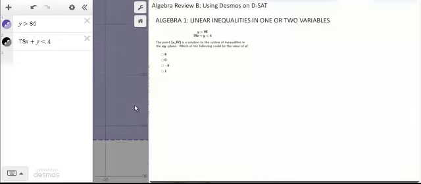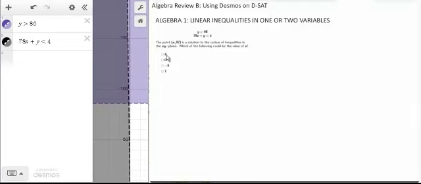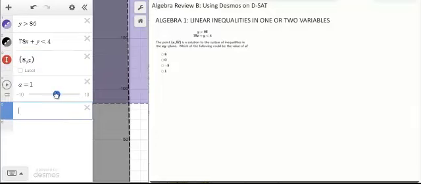So what we're going to be looking for on this is which of the following could be values of x. So all I need to do is type in an ordered pair, and I'll call y some unknown.